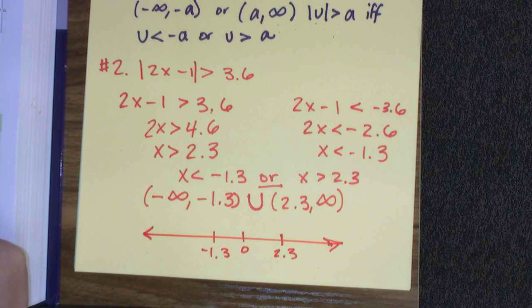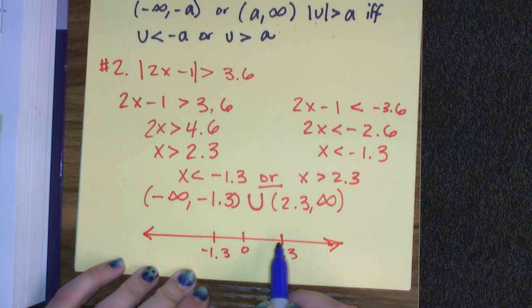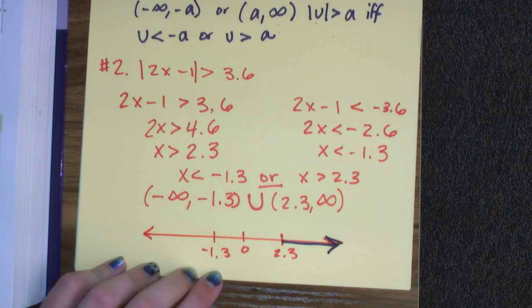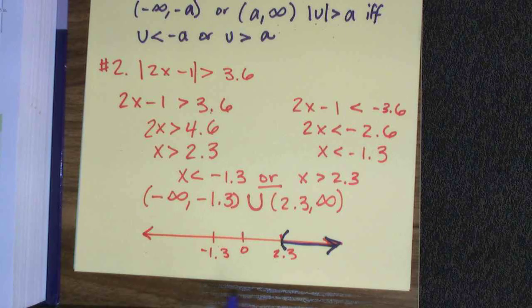So now when I graph this, it's greater than 2.3, so it goes this direction with a parentheses.